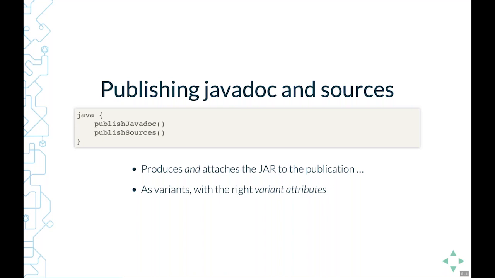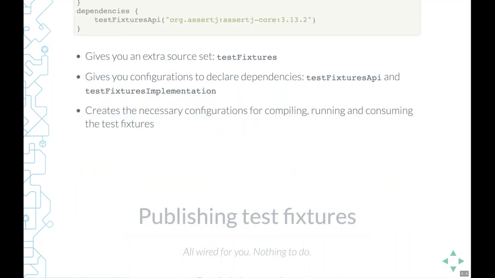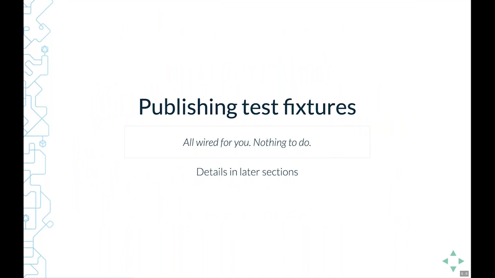On the test fixture side, as we've discussed, an extra source set, the required configuration, and it does all the wiring so that compilation, running, and consuming the test fixtures can work inside your project. On the publishing side, well, the good news is nothing to do. It was all done by Gradle under the hood, and we'll understand later how Gradle deals with that.